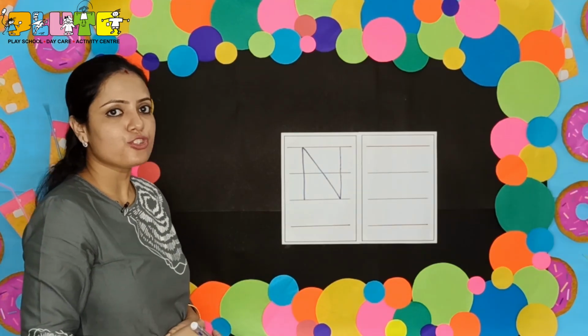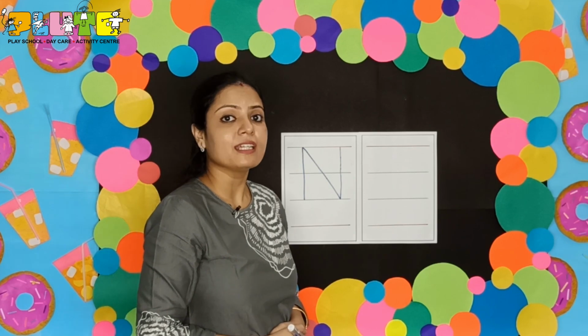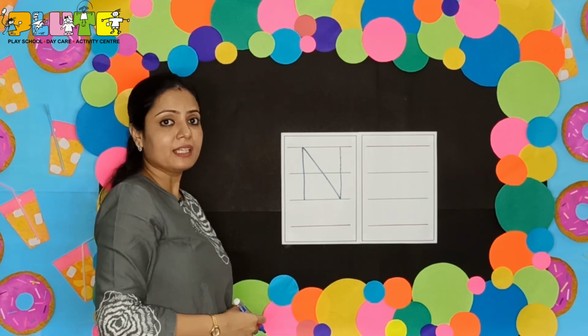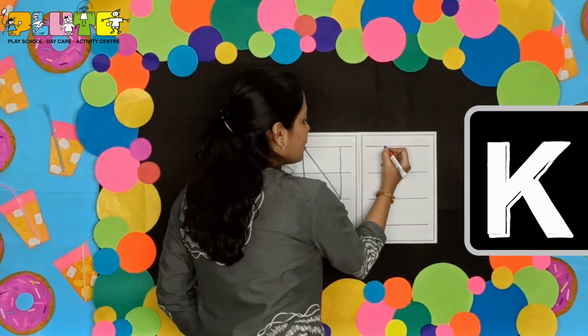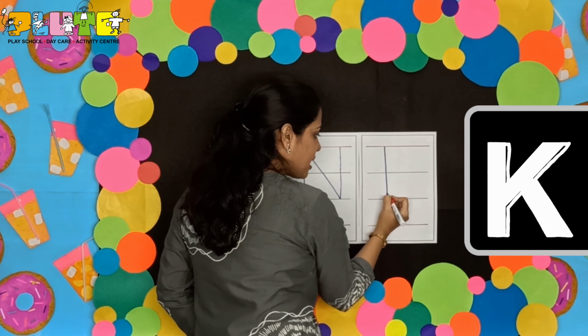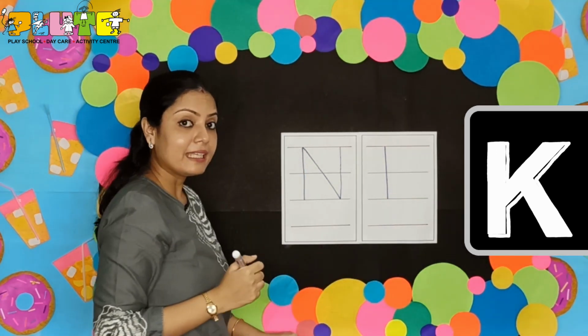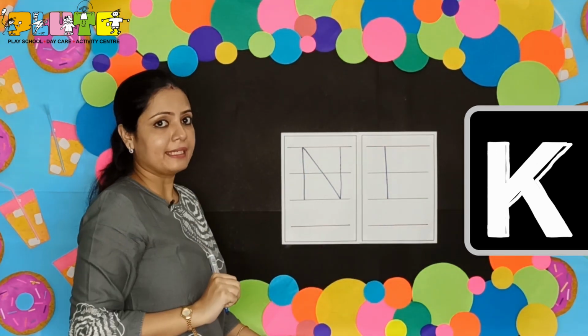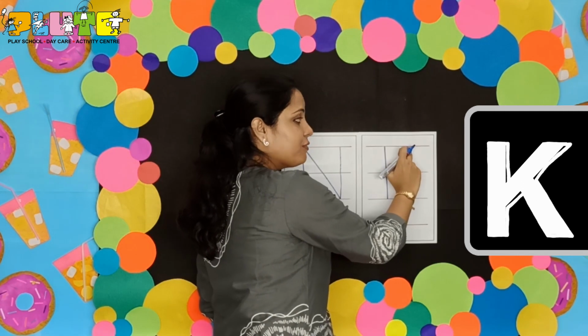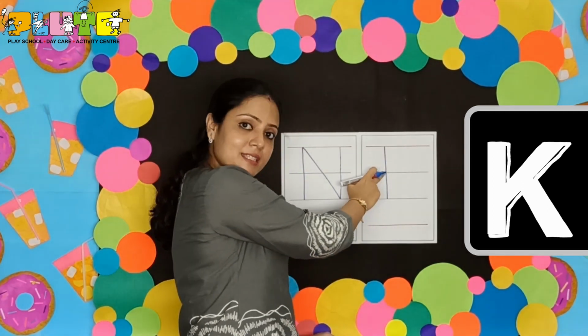Now I am going to show you the next alphabet, that is K. For K, we will first draw the standing line. Again from the first line, slowly go down till the third line. Then I will draw two slanting lines. The first slanting line will be in downward direction. That will start from the first line and end at the second line.